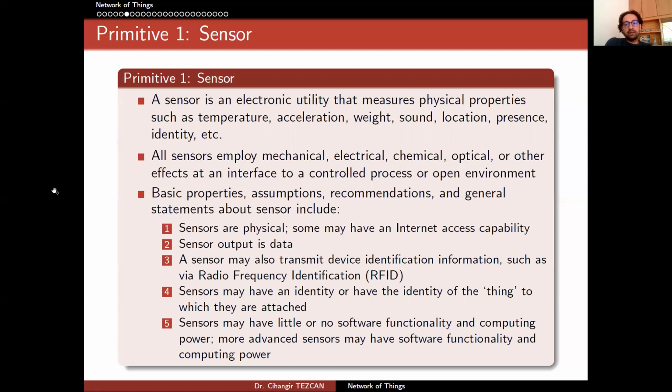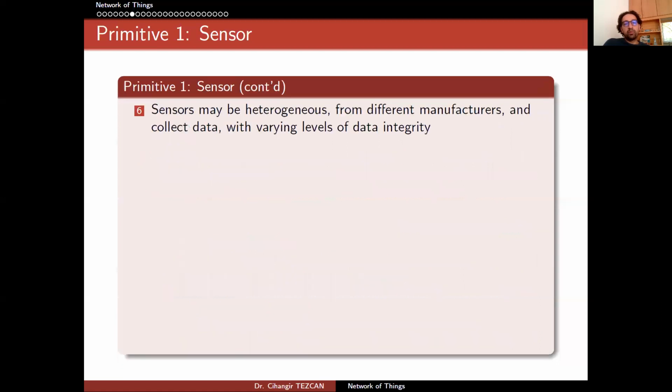So this is one of the things we focus on in this course, because we may have sensors which are very limited in capability, like they have a few bytes of memory, very non-powerful CPUs, let's say. But you can also use devices like Raspberry Pis as sensors too. So the spectrum is really huge.